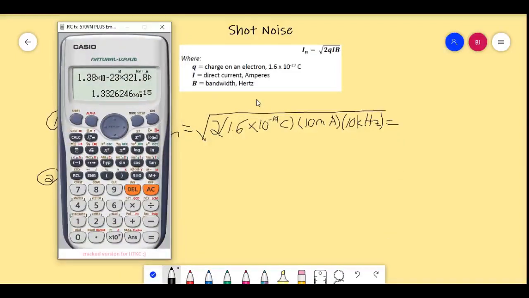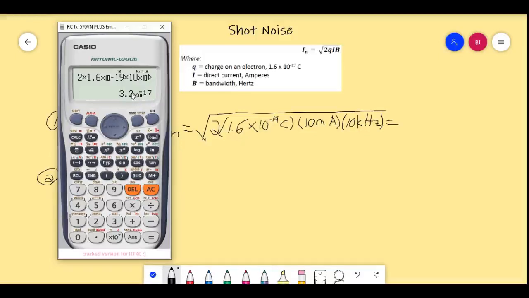So using our calculator, let's try calculating this. 2 multiplied by the charge of an electron, 1.6 exponent negative 19, multiplied by 10 milli, milli being negative 3, of course. Oops, I forgot to put in the multiplication. So 10 negative 19 times 10 milli multiplied by 10 kilohertz. There we go.